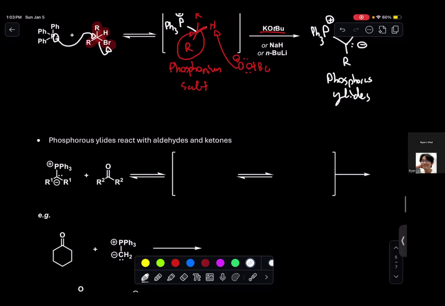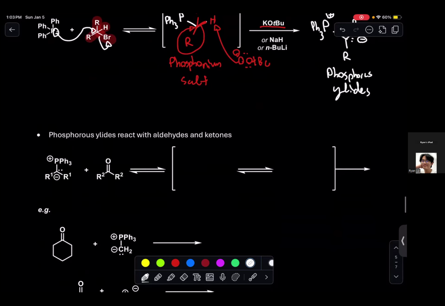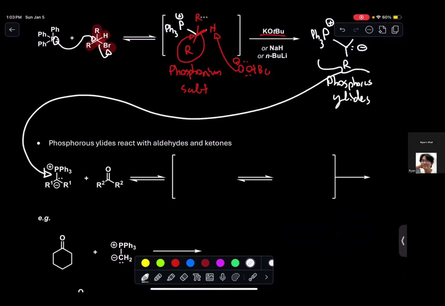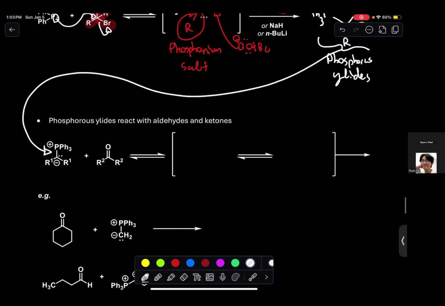And then from there, if you grab this phosphorus ylide and throw it into the ring with the carbonyl, take this all the way up to here. It's going to do some pretty wacky stuff. It's going to tack onto here. It's going to pop up right here.